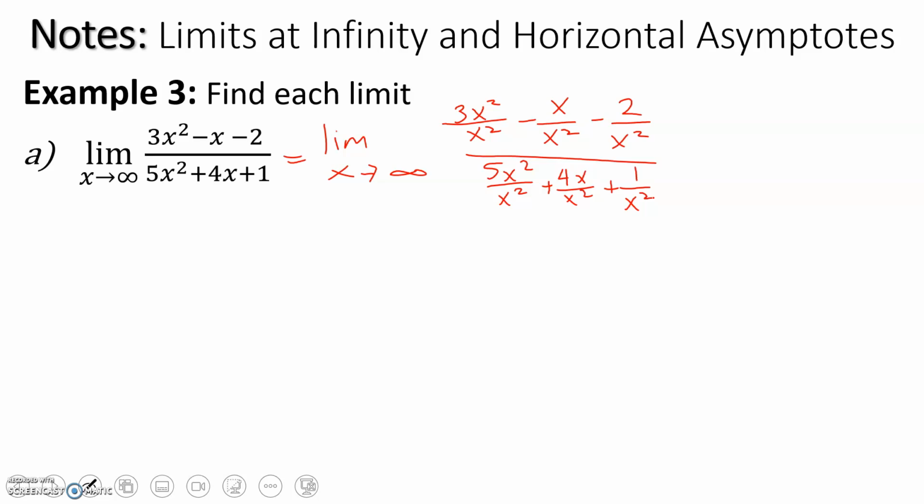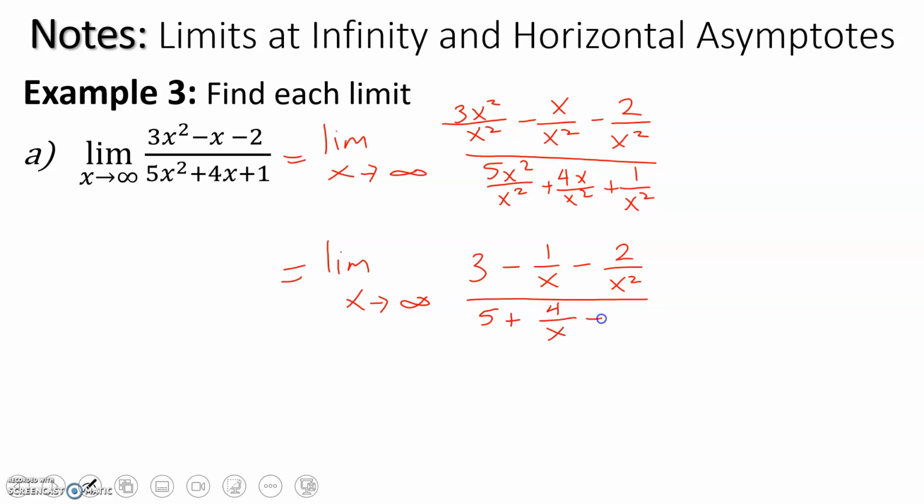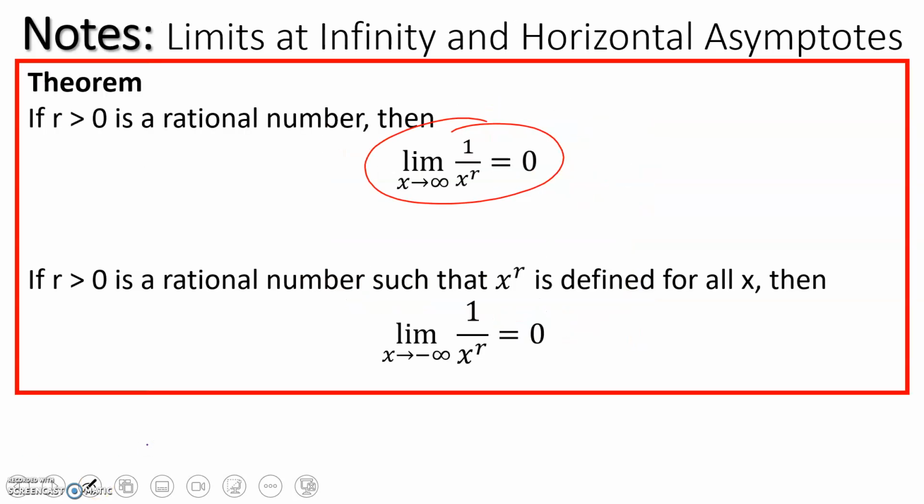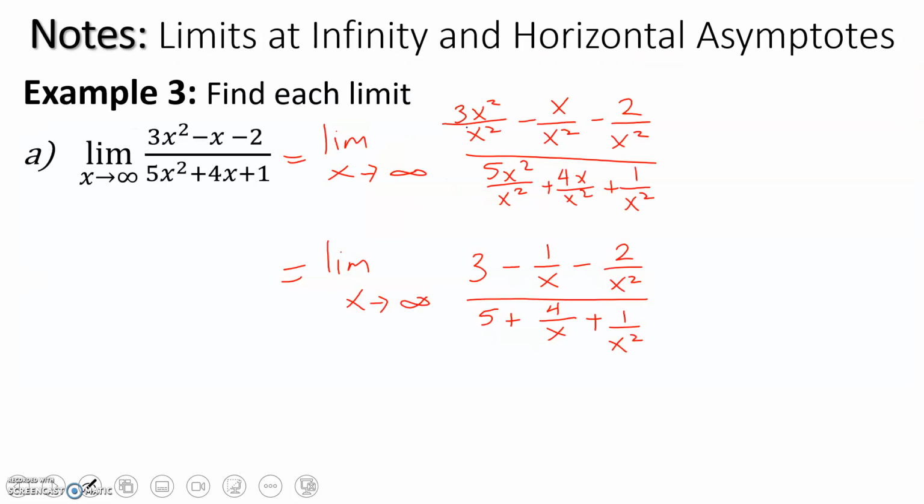Okay, now this will then turn into the limit as x approaches infinity of 3 minus 1 over x minus 2 over x squared over 5 plus 4 over x plus 1 over x squared. Now that we've rewritten this expression in a way that allows it to look like this theorem, we know that each of these individual terms, the ones that have some constant over x to the r, will go to 0.